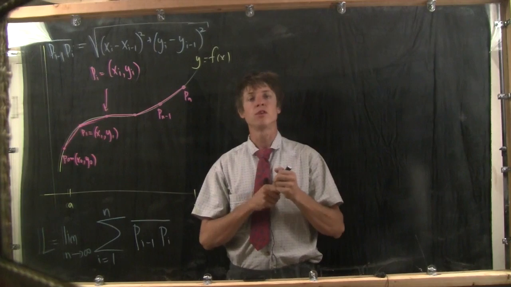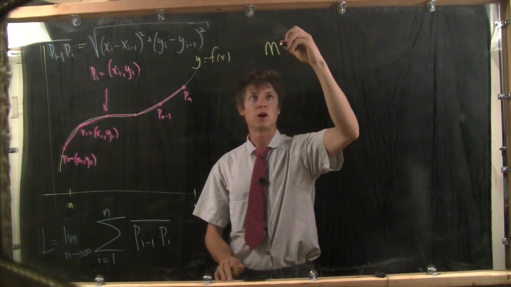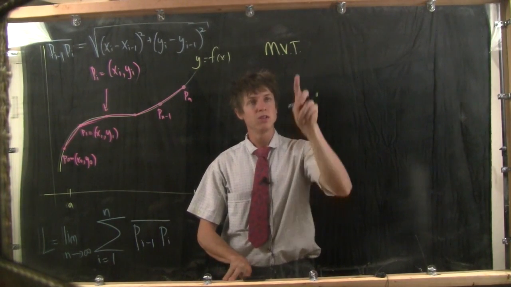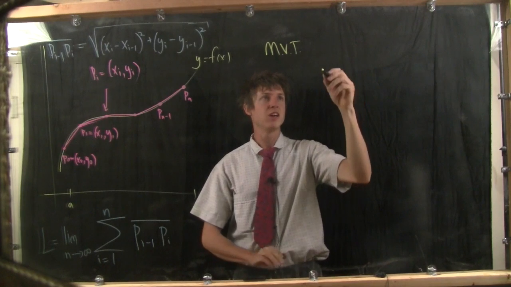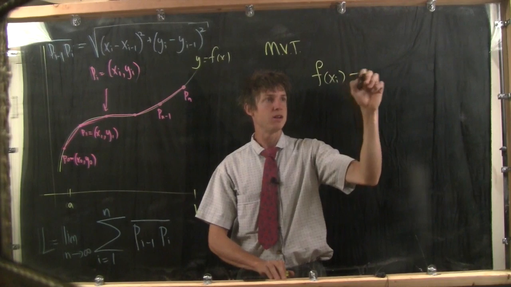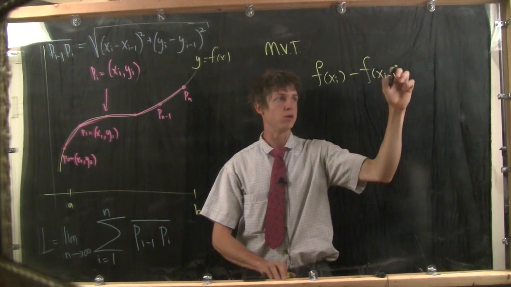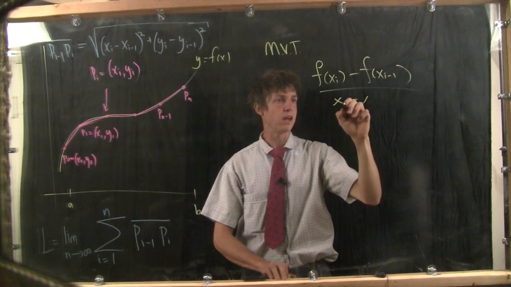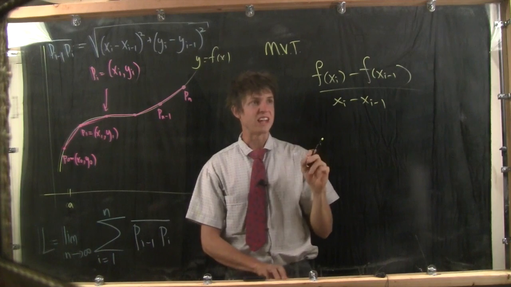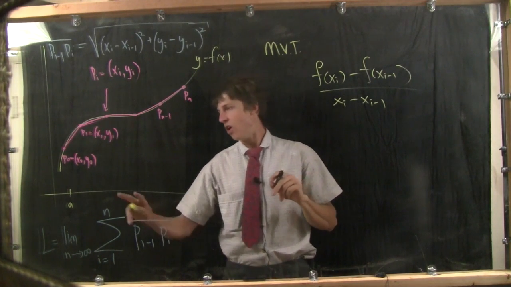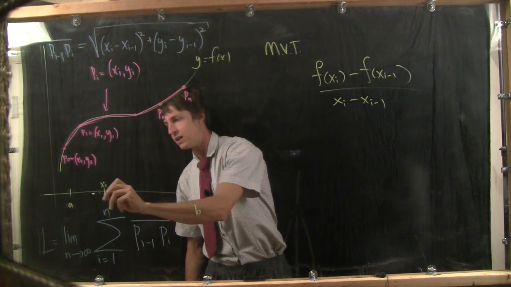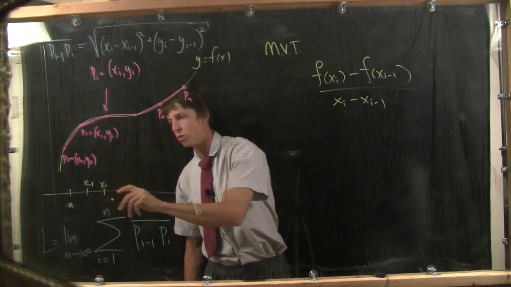So before we go any further, you need to remember something. This is a topic that you do not like very much. It's the mean value theorem. So what does the mean value theorem say? Well, it says if you look at something like f of xi minus f of xi minus 1 over xi minus xi minus 1, this thing right here represents the average rate of change of f on one of these intervals, say between xi and xi minus 1.